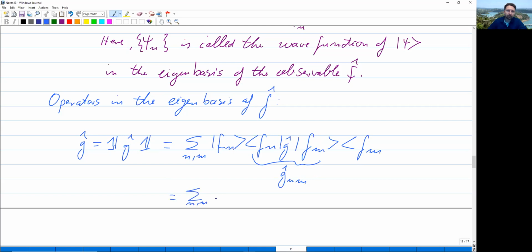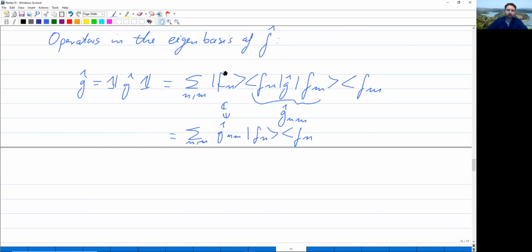Sum n, m, and then g hat nm. Remember, these are just complex numbers. And then here we have fn, fm. I forgot something, this is an m here.